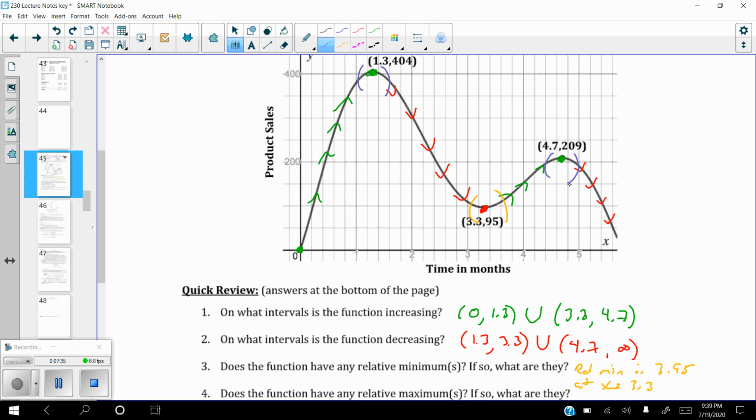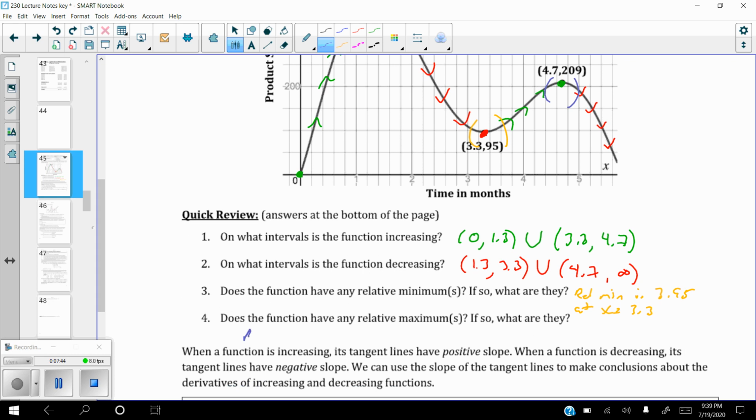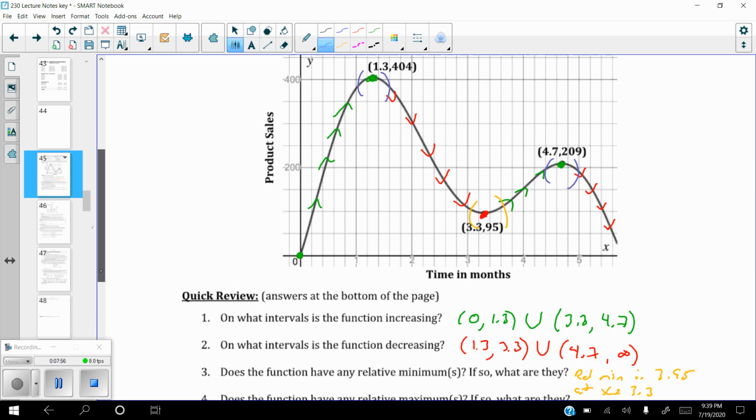So I'm going to have a relative maximum of 404 at x equals, that was the first one, so that was at 1.3.